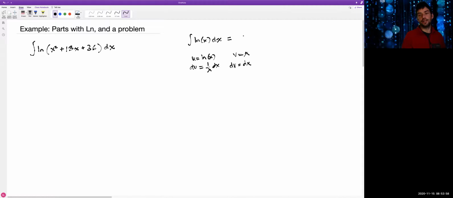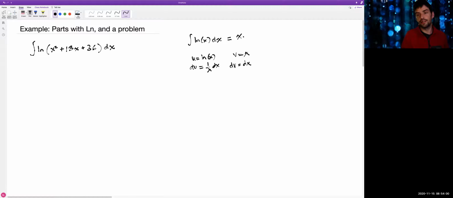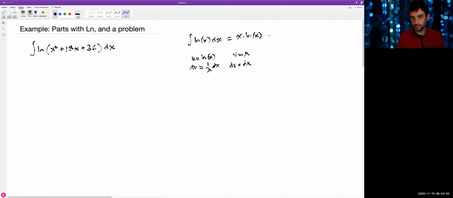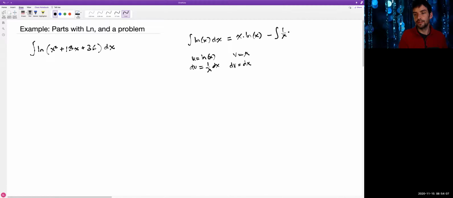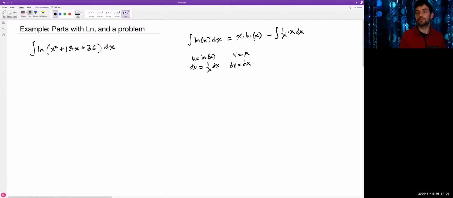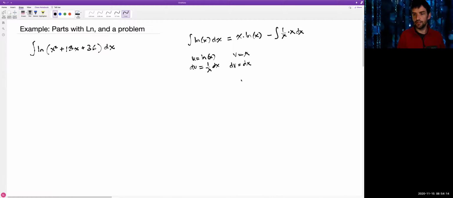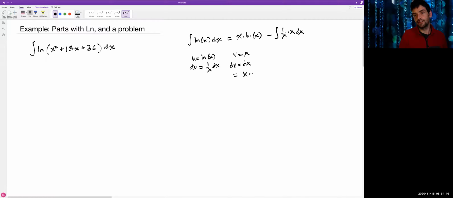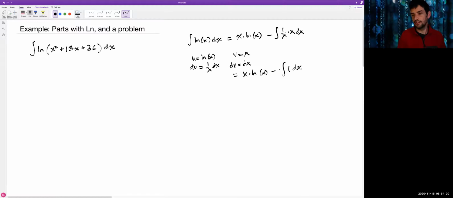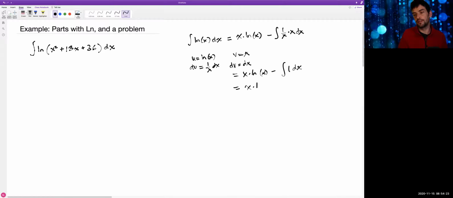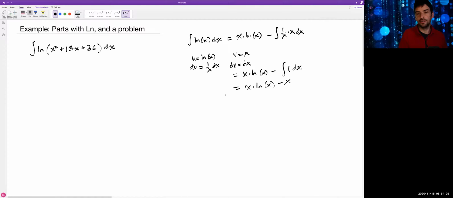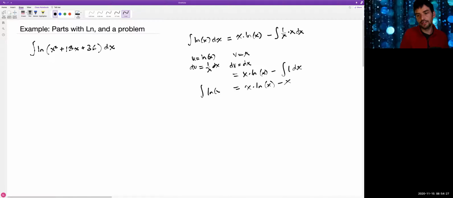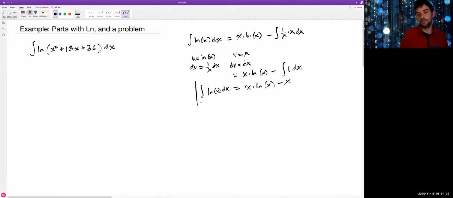Following integration by parts, we get x natural log of x minus 1 over x times x dx, which of course becomes, I didn't leave myself enough space. Here, we'll do it here. We get x natural log of x minus 1 dx, which then becomes x natural log of x minus x. So here's our antiderivative.